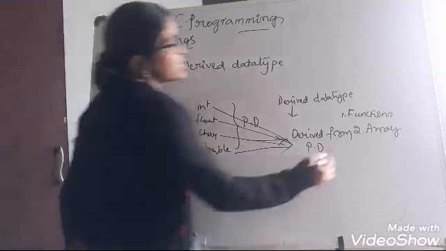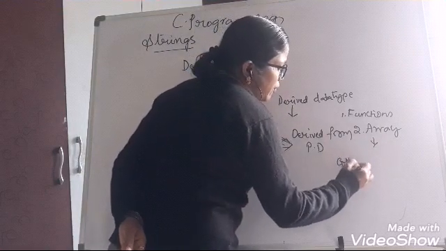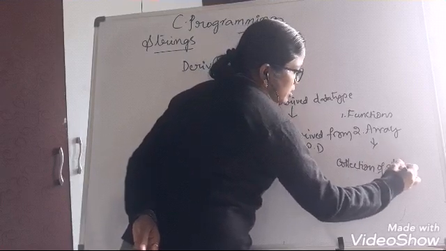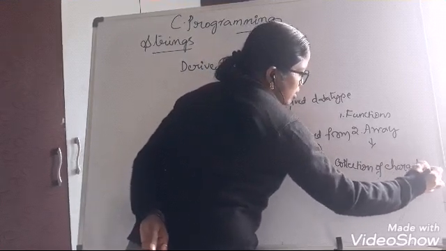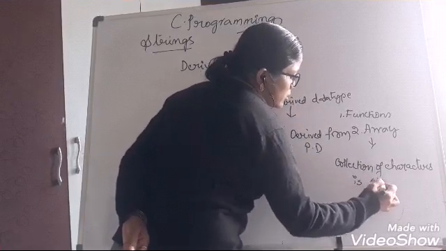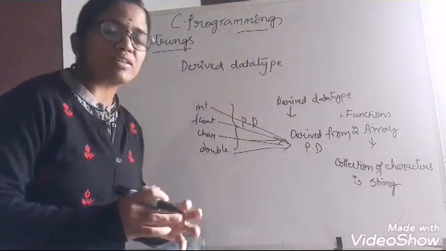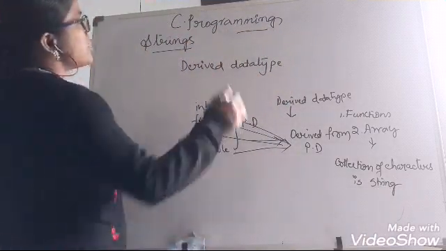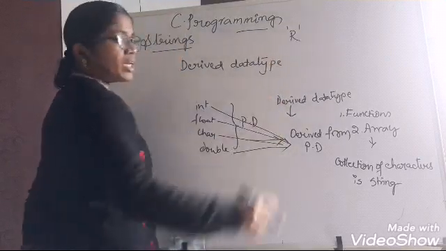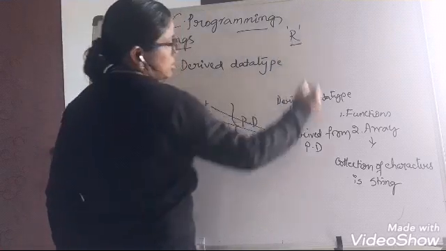So in a subpart of array, a collection of characters is called a string. That means a group of characters is called a string. Suppose if I want to write R, so anything which is written in single quotes is called a character.